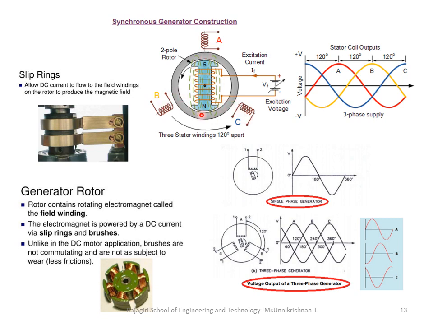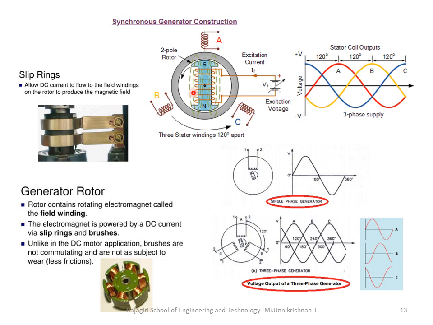For you to understand, we have shown the coils outside. In the practical case, these coils are kept in the stator. All these 3 coils will be wound over the stator, and they are electrically displaced by 120 degrees. And in the center you have the rotor which is rotating.